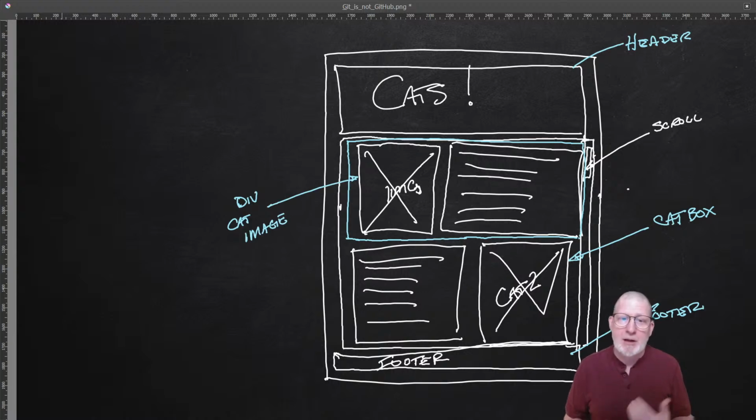Now, there's a couple other attributes that you're going to want to play with. The second attribute that I'm going to introduce to you is the class attribute. So basically, an ID is a type of attribute?